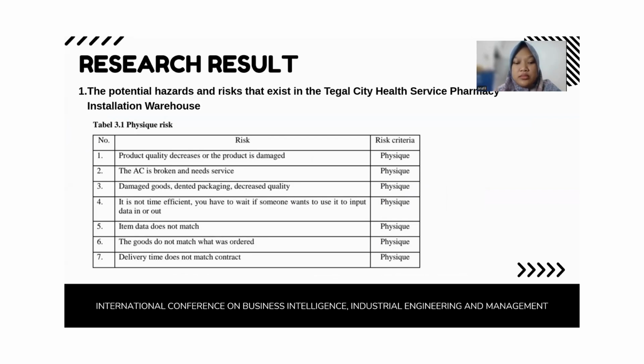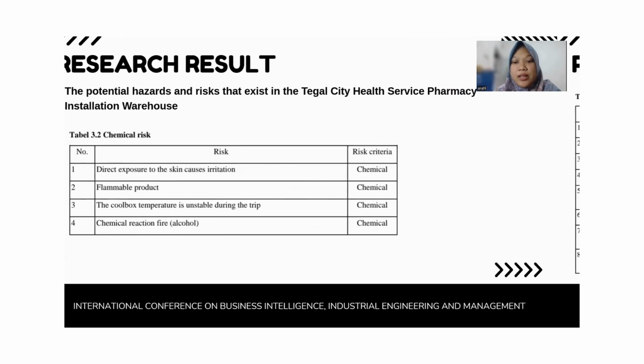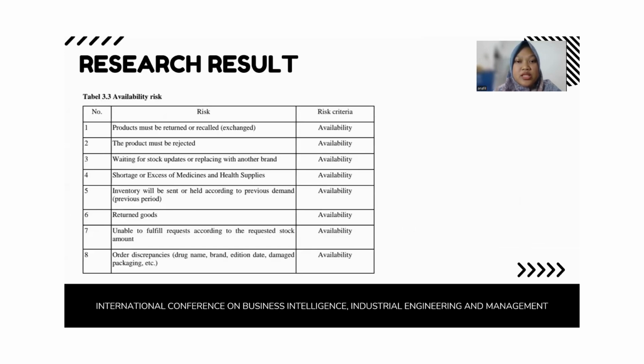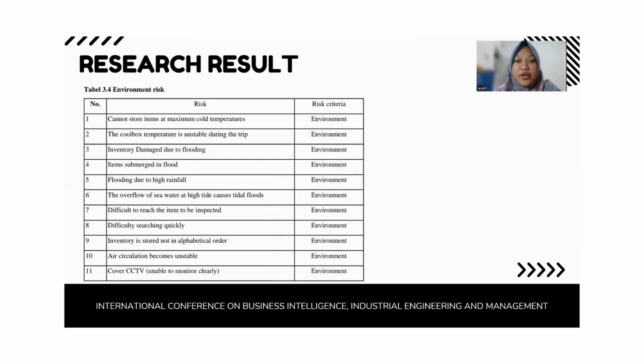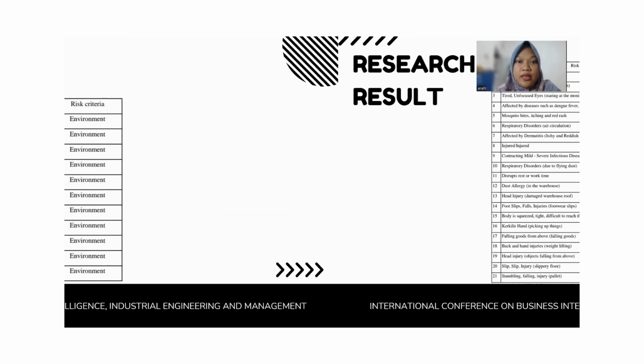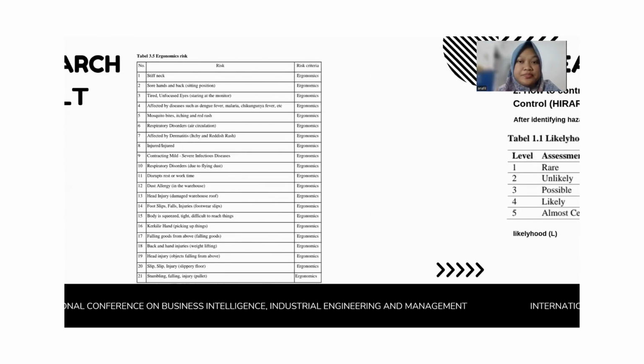For physical risk criteria there are 7 risks, and then 4 risks for chemical risk criteria, and this is for availability risk criteria, and this is for environmental risk criteria, and this is for ergonomic risk criteria.